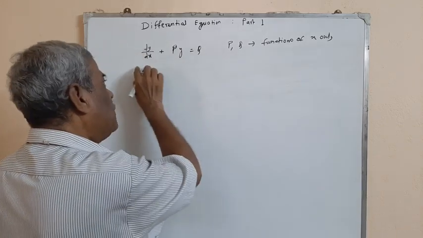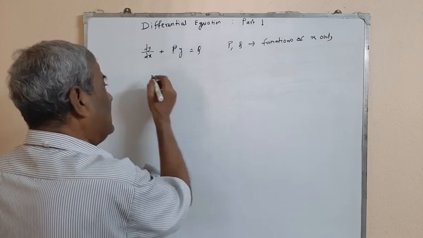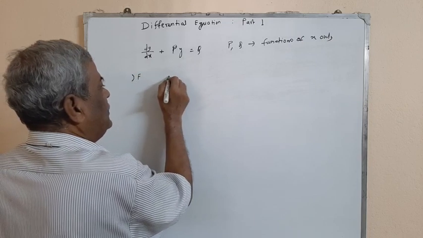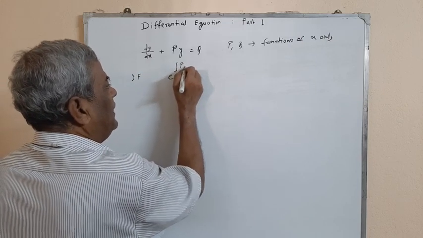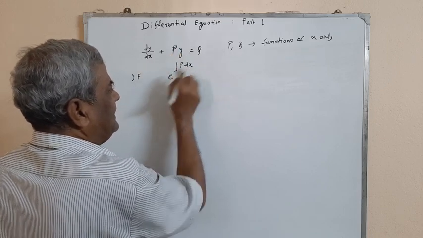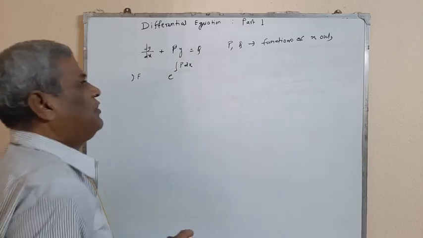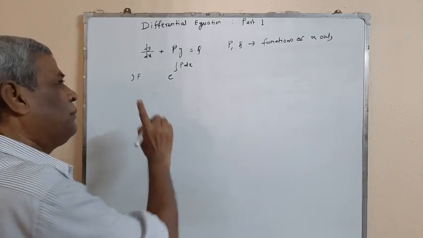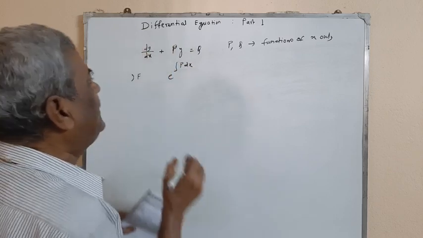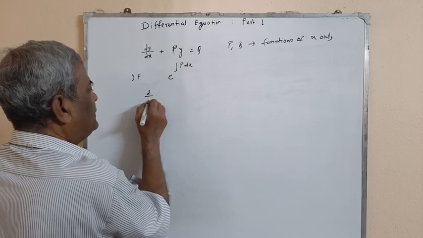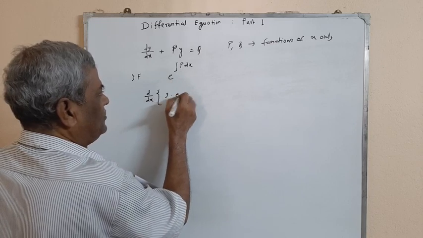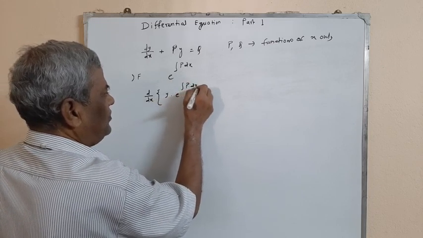You multiply both sides of that equation by what is called the integrating factor. The integrating factor is e to the power integral p dx. P is given here, integrate p dx, e to the power that. By multiplying both sides by that, the left hand side will be d/dx of y into that integrating factor.